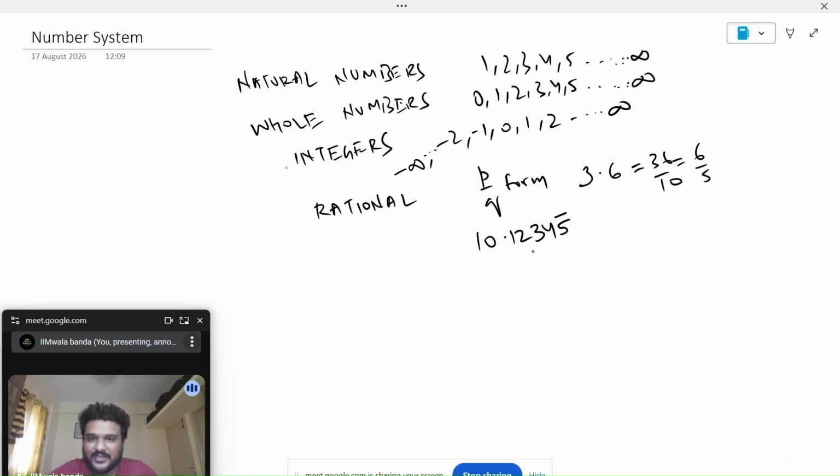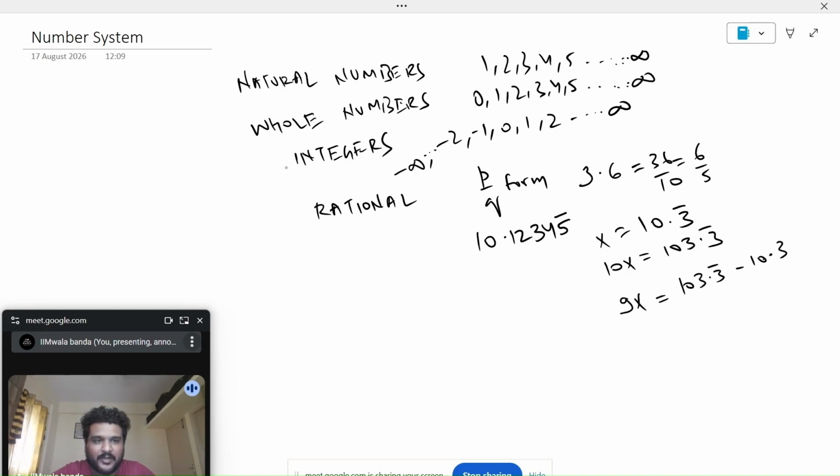So this looks like it cannot be expressed in p by q form, but it can be. How? Let's take a simple example. 10.3 bar, let that be x, multiply both the sides with 10. This will become 103.3 bar, because there are so many that you can assume that it goes till infinity, right? So let's subtract these two. 10x minus x is 9x. This is 103.3 bar minus 10.3 bar.